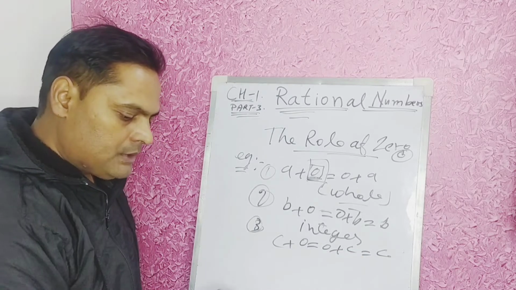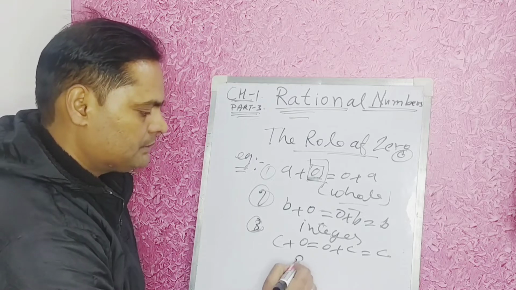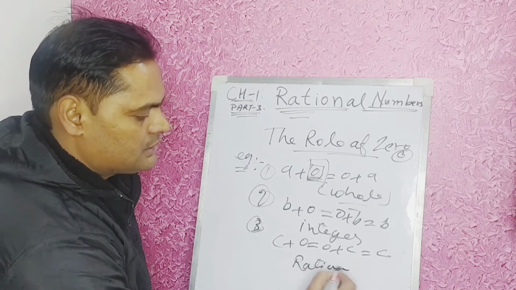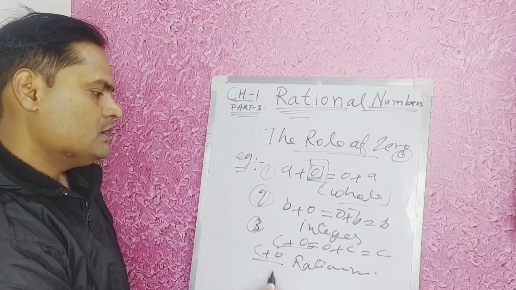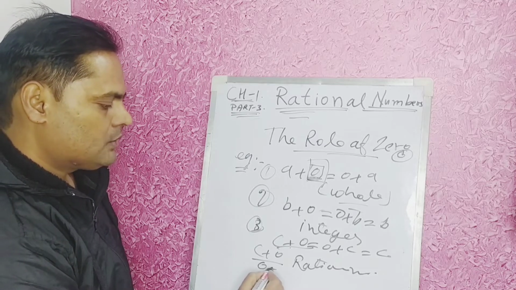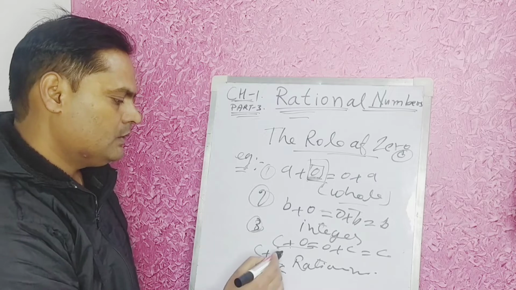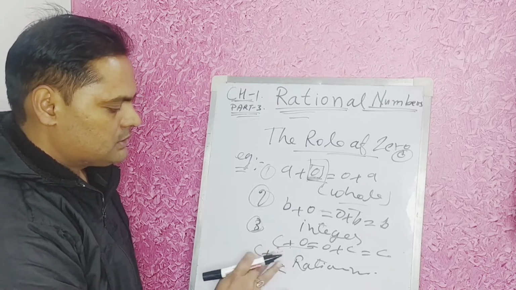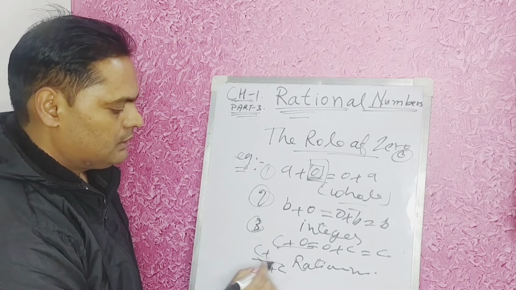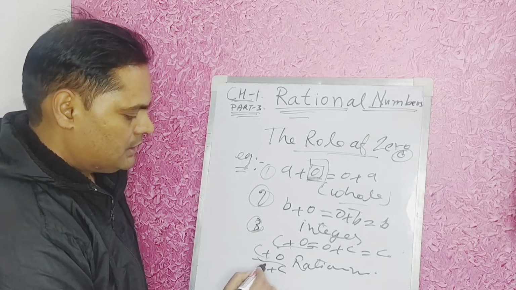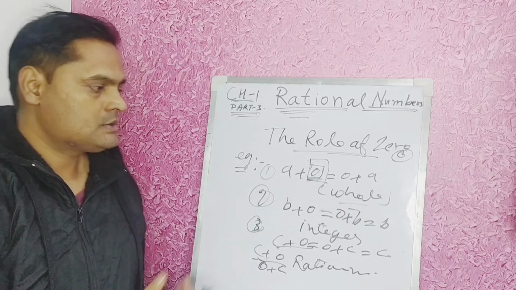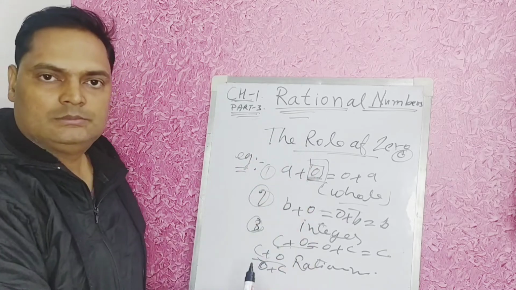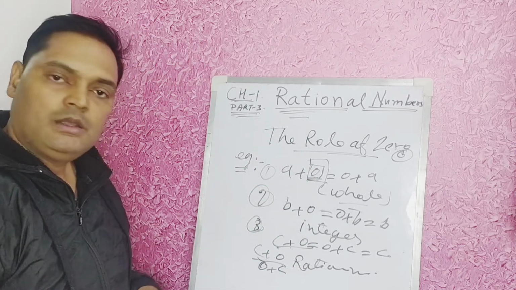So this is again a rational number. You can write this expression like this as well, 0 plus c. So definitely you will get the same result resolved by the 0. So this is the importance of 0 in the chapter, which is given in the book as well.